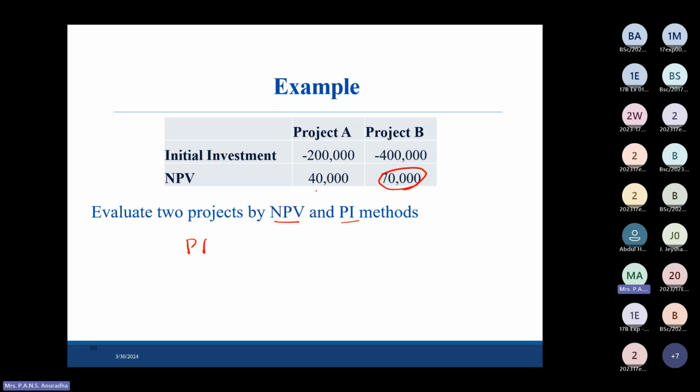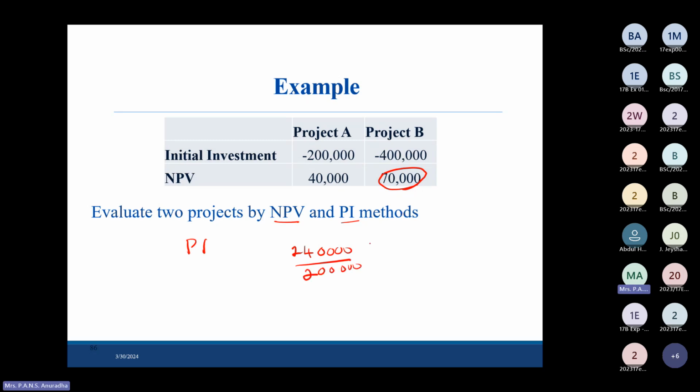So can't you trace the present value of the cash inflow if the NPV is positive 40,000? It is 240,000, which exceeds the cost by 40,000. So the present value of the cash inflow in project A is 240,000, divided by cost 200,000.